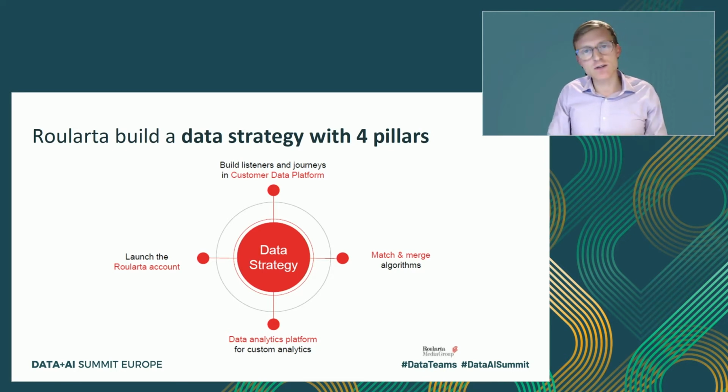Another key success factor in their data strategy was, on top, the customer data platform. The customer data platform is the platform that they engaged to really track the online behavior.